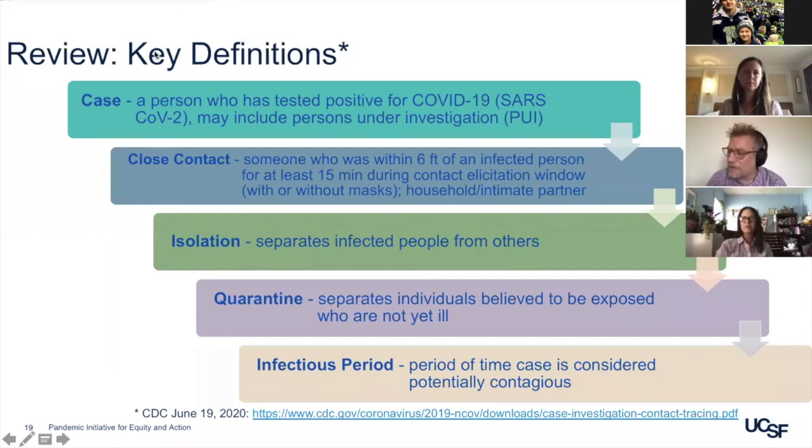And we specifically ask them to do that for a 14-day period, as was explained in the slides yesterday. The infectious period, the last box here, is the period of time during which the individual with COVID-19 is potentially infectious to their close contacts. As I mentioned before, that infectious period includes a period of time 48 hours before the onset of symptoms, and then for as long thereafter until the case is able to isolate.